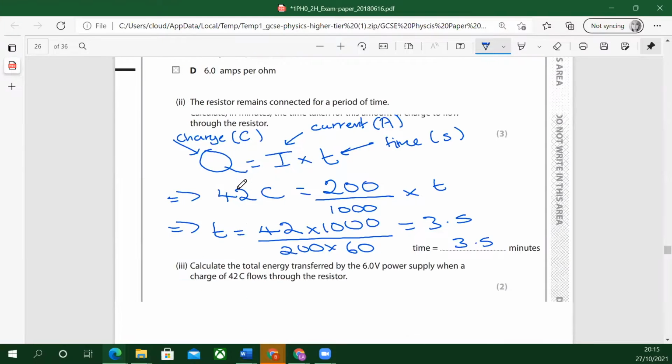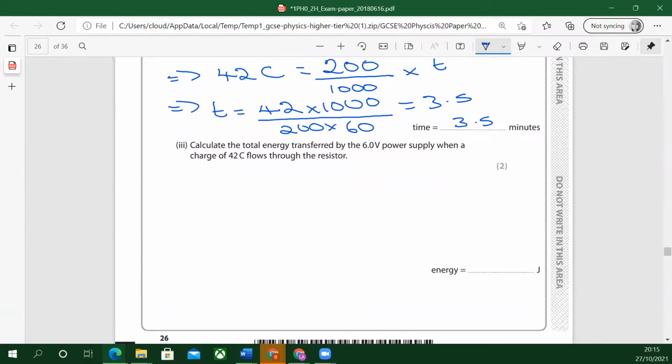3.5 minutes. Calculate the total energy transferred by a 6-volt power supply when a charge of 42 coulombs flows through the resistor. Total energy transferred.